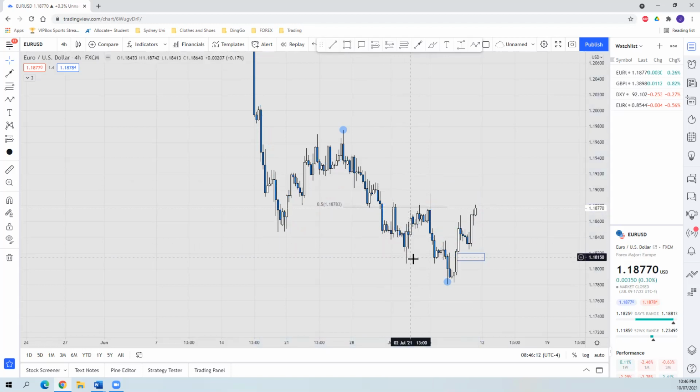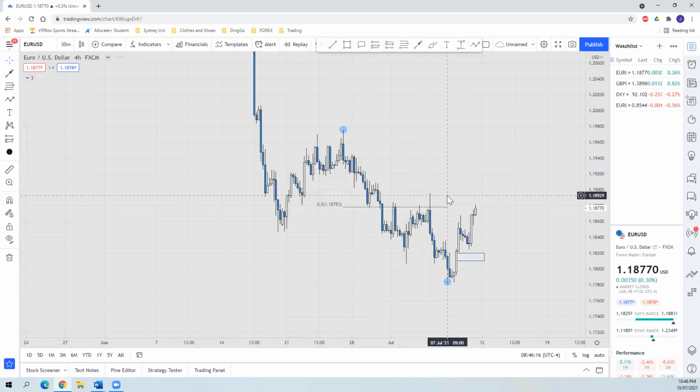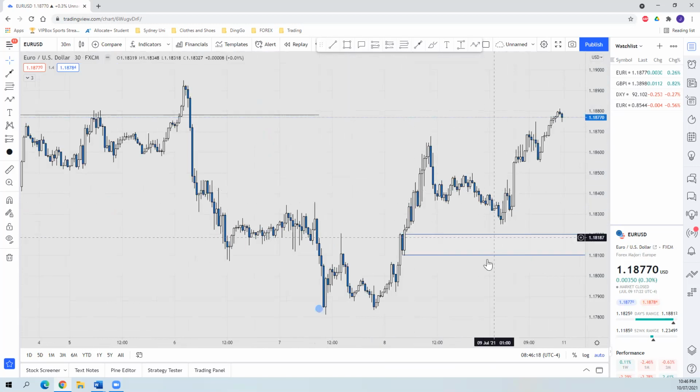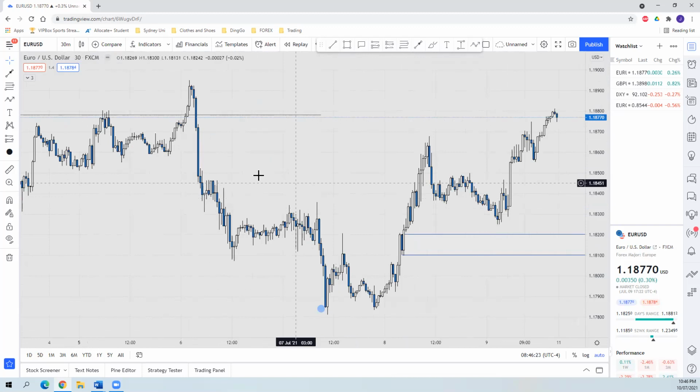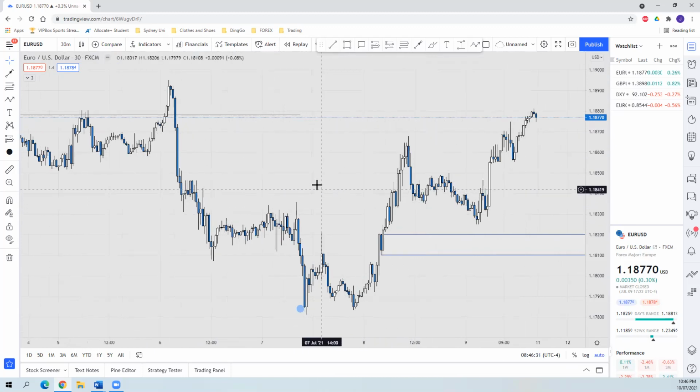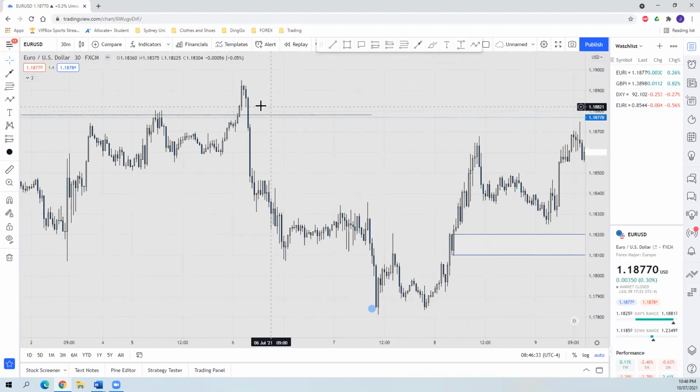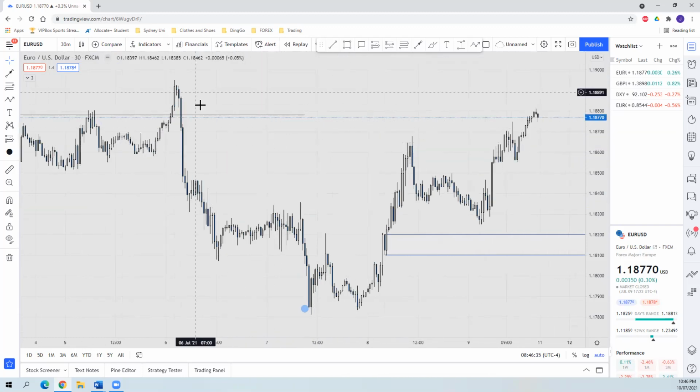So this here, that will be the break. And that's why on the 30-minute, this was a strong push up. So how come this is not going to be the strong high?